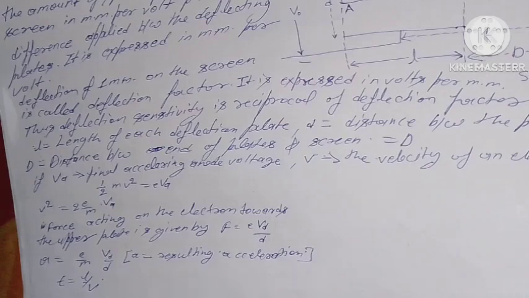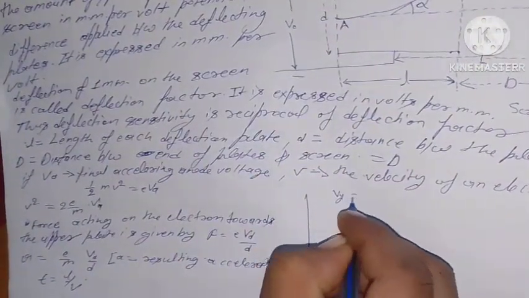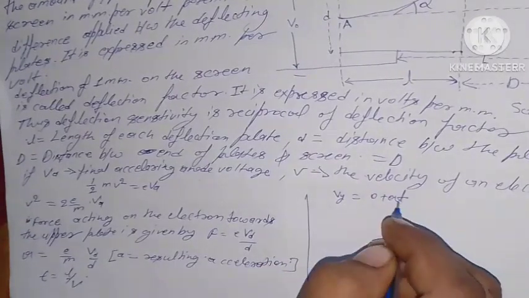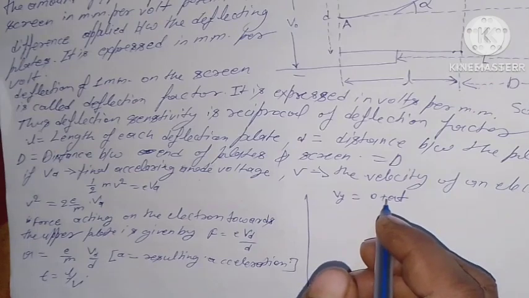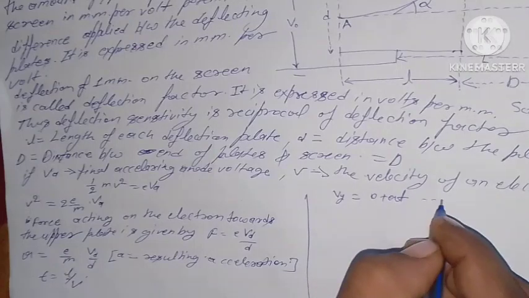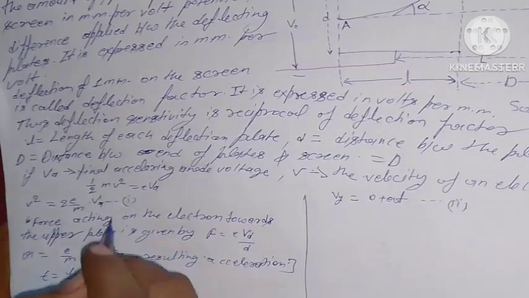Okay, hence upward velocity of the electron on emerging out of the deflection plates, then Vy equal to 0 plus at. Okay, this is equation number 1 and this is equation number 2.